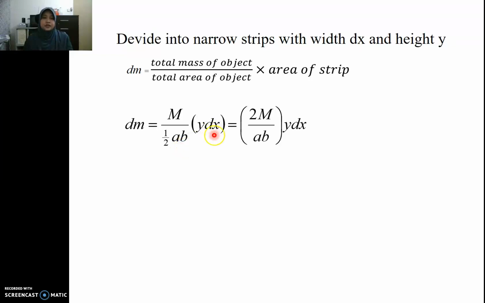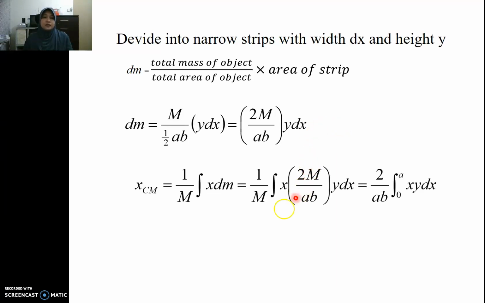And the area of the strip is y dx. So we write it as 2m over ab times y dx. Then we substitute into the center of mass equation. So we put dm here as 2m over ab y dx, and we integrate from 0 to a.